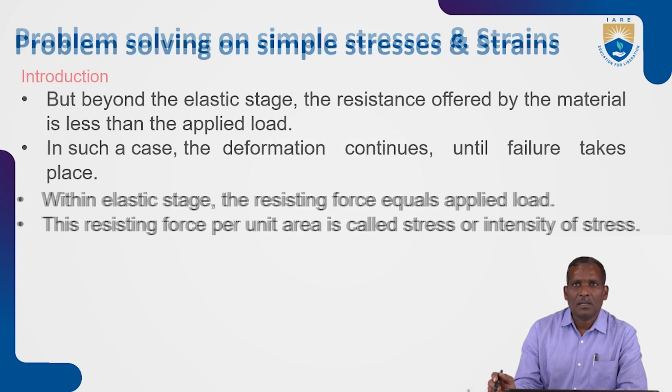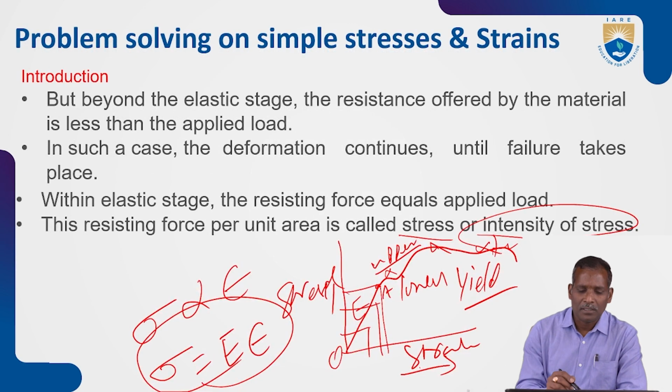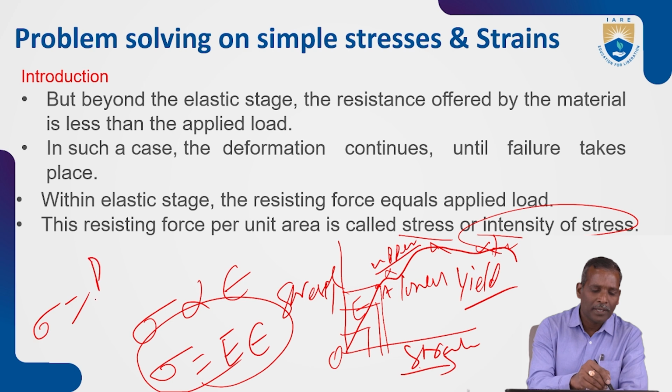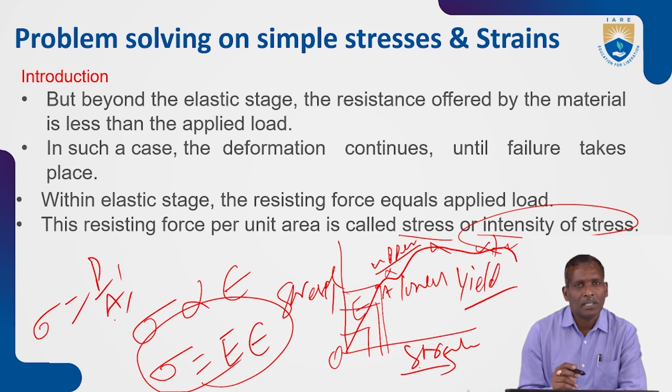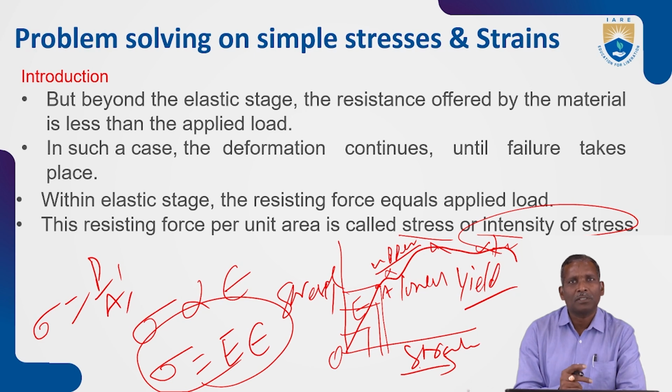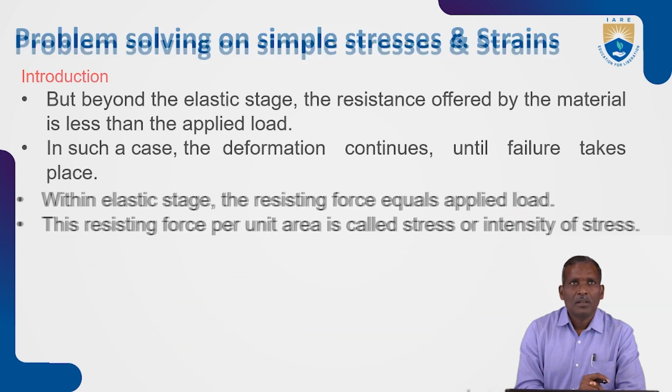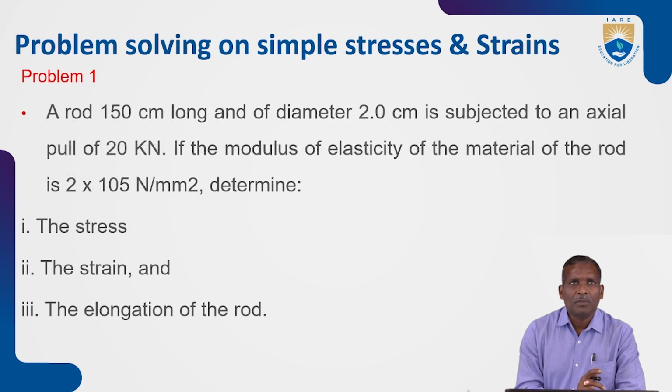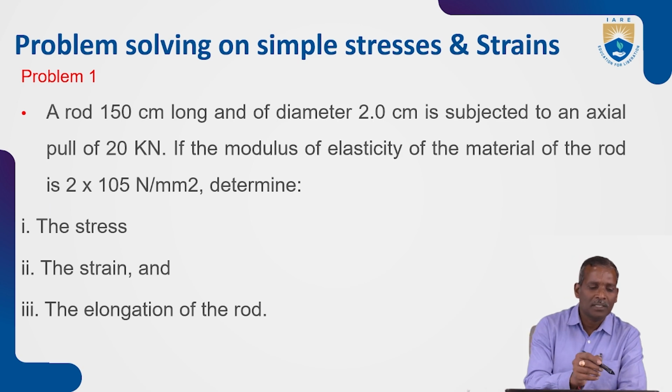Stress is load per area, and strain is the change in length by original length, that is, how much it is deformed. Now we will see how to solve problems based on these simple stress and strain relations.